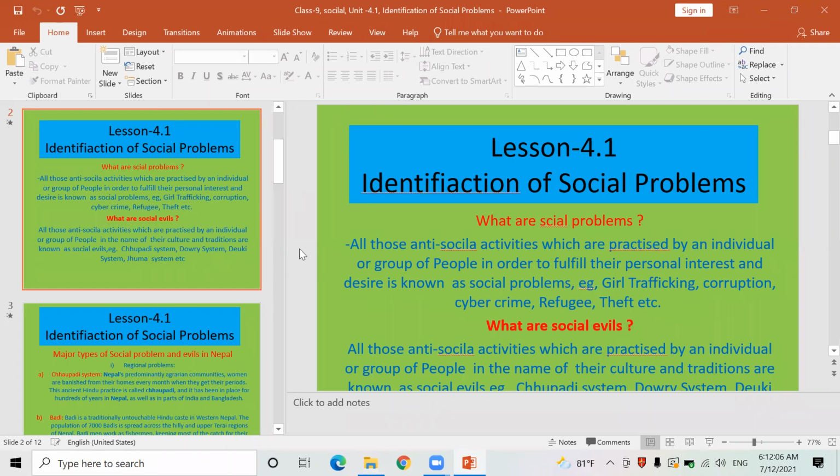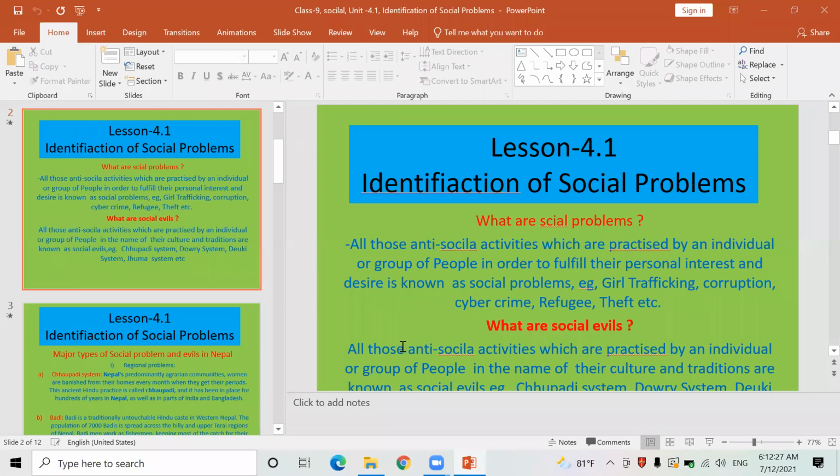Did you listen? Look here. All those antisocial activities which are practiced by people or group of people in order to fulfill their personal interests and desire is known as social problem.